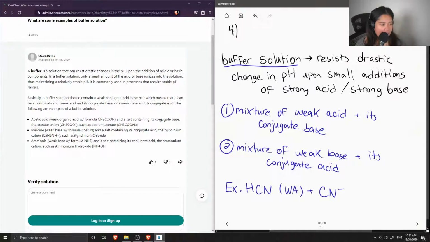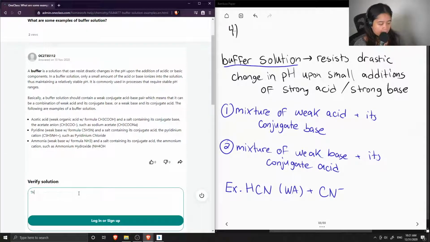Or lastly, you could have ammonia, which is a weak base with formula NH3, and a salt containing its conjugate acid, the ammonium cation, such as ammonium hydroxide. Yep, so this solution is correct.